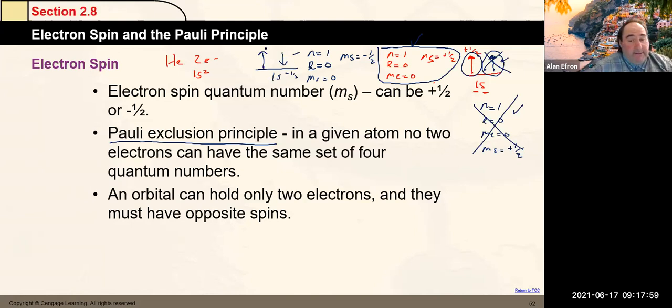Now, when we look at these 2 electrons sitting in the same orbital, they do not have the same 4 numbers. The only difference is the spin part of it. One is spinning upwards, one is spinning downwards. This is what is referred to as paired spin.